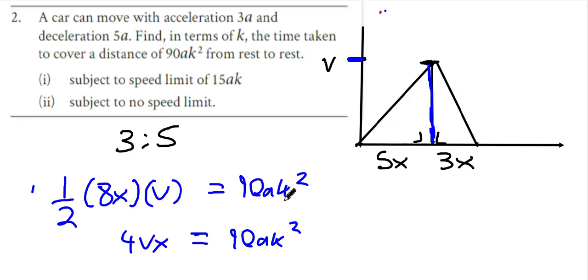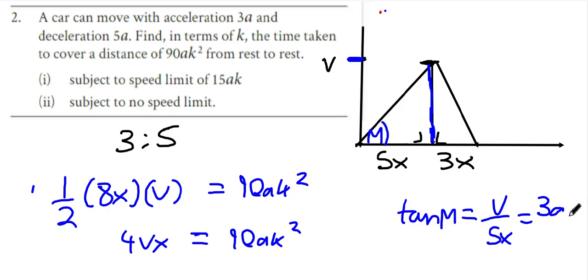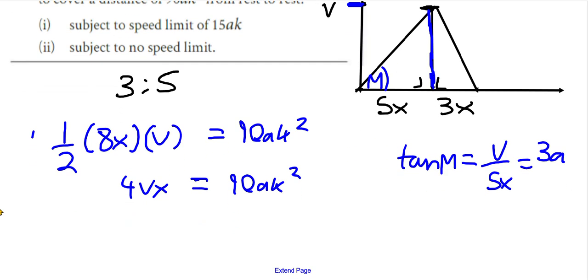Now, what we're going to do next, guys, is we're going to use the tan M trick again. So what's tan M? V over 5x, yeah? And that has to equal 3a. Okie dokie. And that will mean that I'd like to sub out v. So v is 15ax. You alright with that?